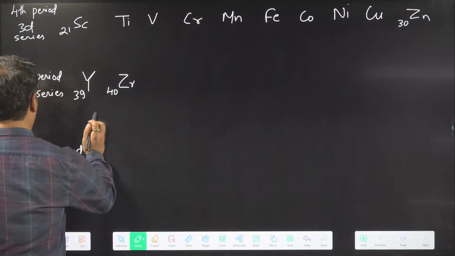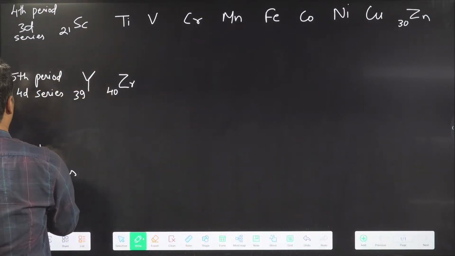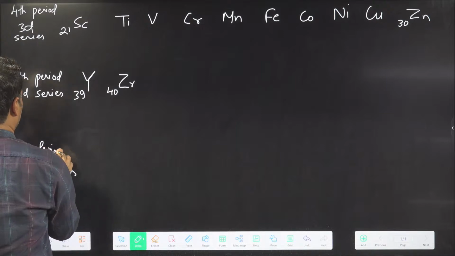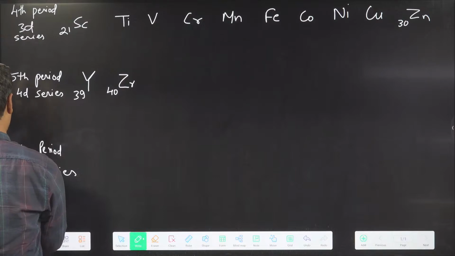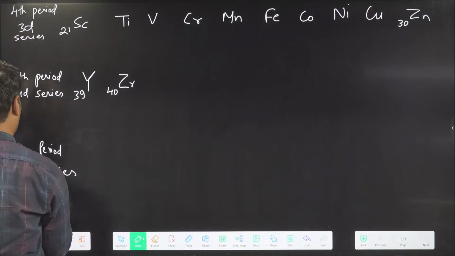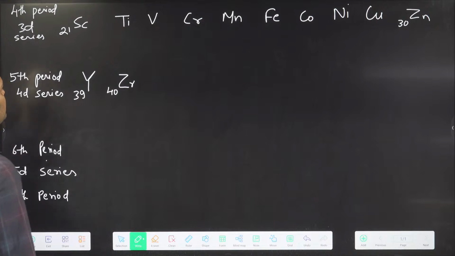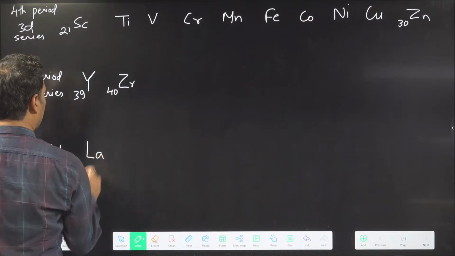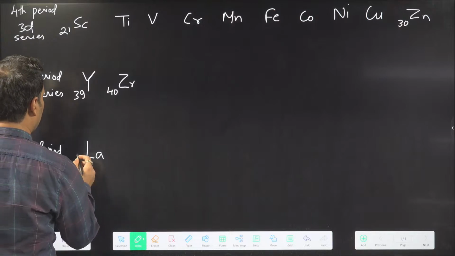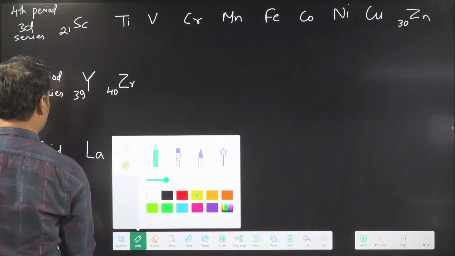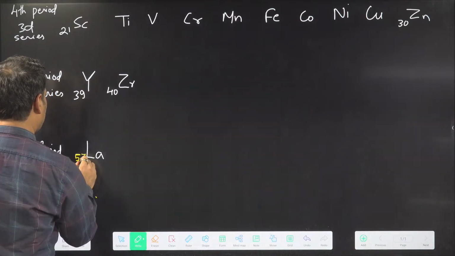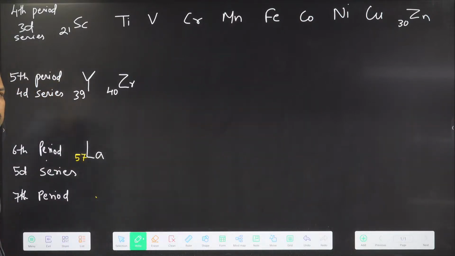Tell the elements which are in the 4D series quickly. And then we are having the seventh period. Here we are having lanthanum. Check where the atomic number is starting. You will be surprised to know that something is missing here.